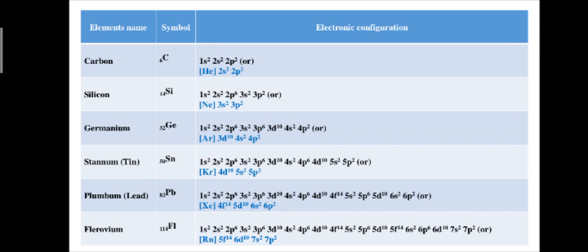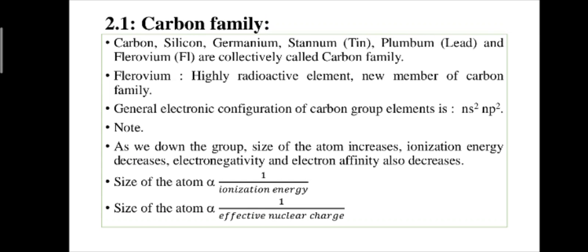The atomic number of flerovium is 114. Its electronic configuration is radon configuration 5f14 6d10 7s2 7p2. Therefore, the general electronic configuration of carbon group elements is ns2 np2.